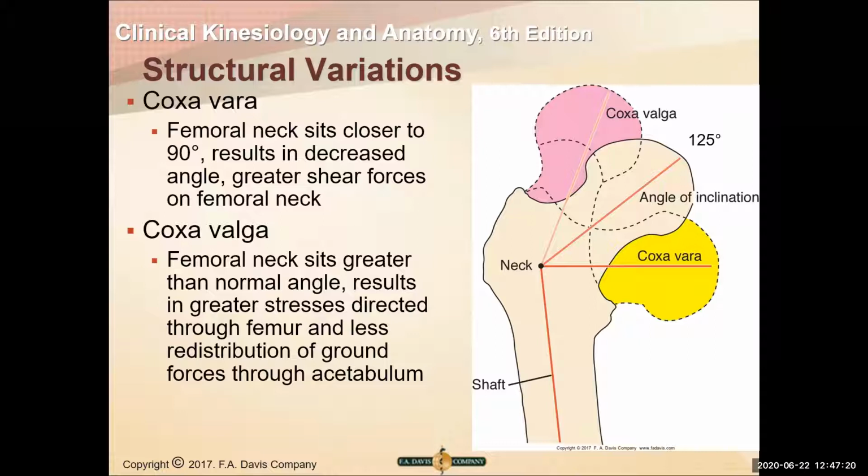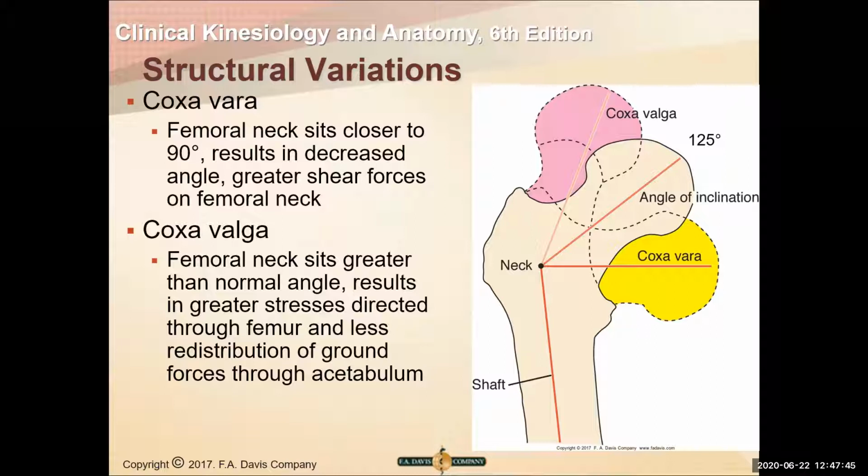So all that ground force is going to be redistributed either into the femoral body itself, or into the acetabulum, which is going to lead to breakdown of the acetabulum. A lot of times when patients need hip replacements due to acetabular breakdown, they usually had coxa valga, whereas if they need it due to femoral neck fracture, they had coxa vara.